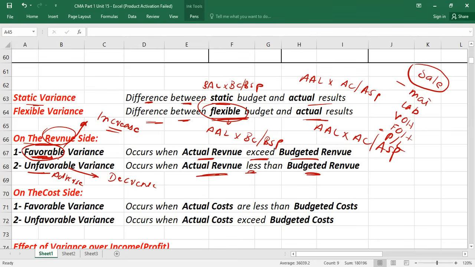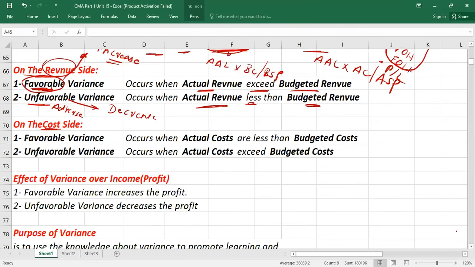Now I'm going to explain the cost side variance. Cost side means I'm talking about material variance, labor variance, variable overhead variance, and fixed overhead variance. This is the cost side. When a variance is favorable, it means your actual cost is less than budgeted cost.